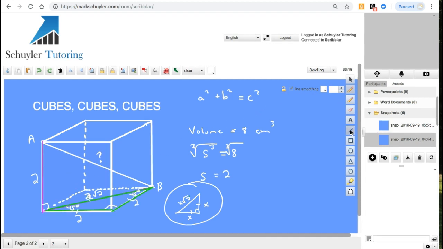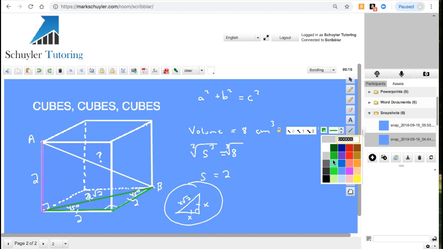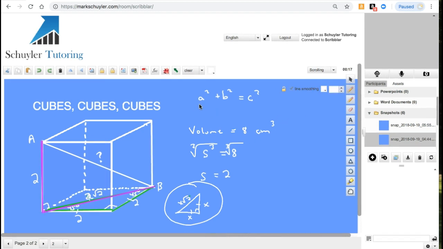Now we know the legs of the big vertical triangle. We know that the leg here coming down from A to the vertex below is 2 units. We know that this leg that's traveling over to B is 2 root 2. So let's plug that information into the Pythagorean theorem up here and see what we get.